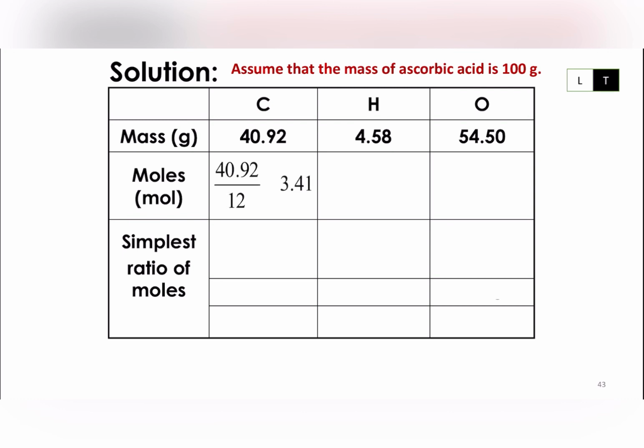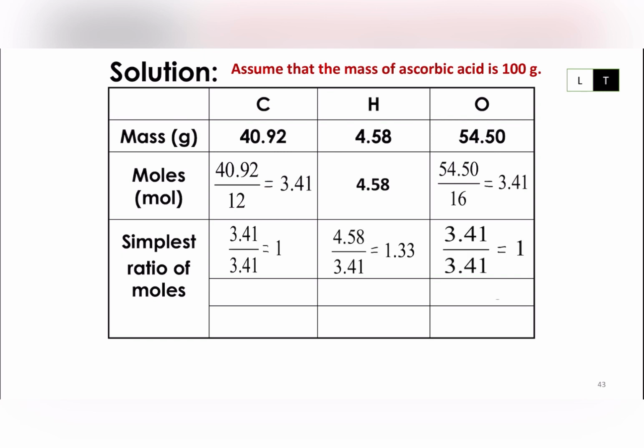So moles of carbon will be 3.41. Hydrogen is 4.58. It's fine if you want to show it or not. And last but not least, for oxygen, 3.41. So here you can see that the smallest value of moles will be 3.41. So I'm going to show my calculation.